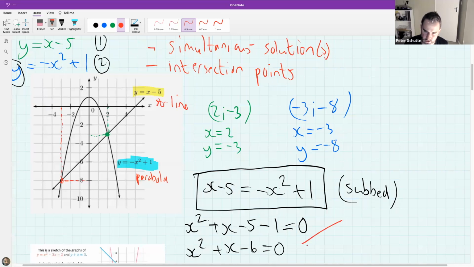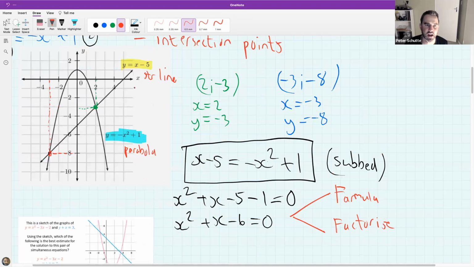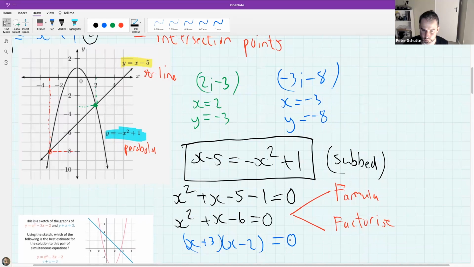Now I have two choices. I can either use the quadratic formula, or I can factorize this. Both these methods will work. For now, just because of time, I'm going to use factorizing because I can kind of see the answer. But I invite you to use the formula as needed.